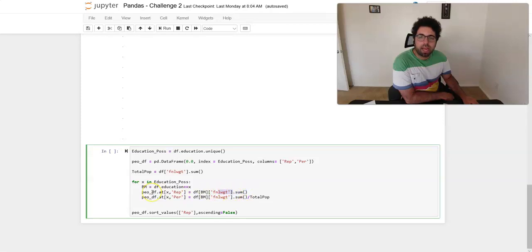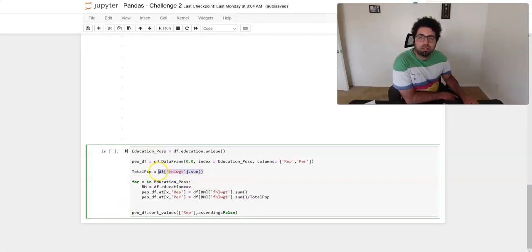I put that in the appropriate place in my placeholder. For the percentage, it's the same thing, but divided by the total number of the population. I calculate the total population before getting into this loop, so I avoid doing a calculation over and over again that can be done only once.